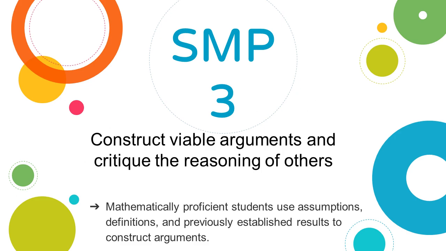Moving on to mathematical practice number 3, construct viable arguments and critique the reasoning of others. Mathematically proficient students analyze problems and make conjectures using data. They justify their conclusions and communicate them to others. They listen to or read the arguments of others and ask useful questions to determine the rightness of those arguments.